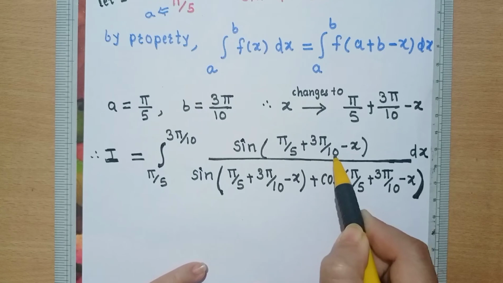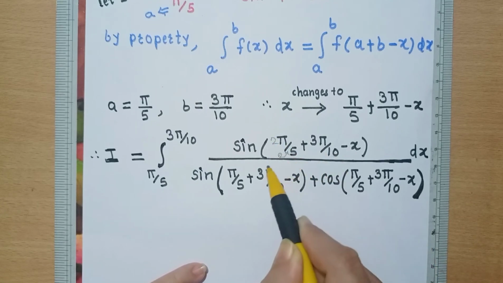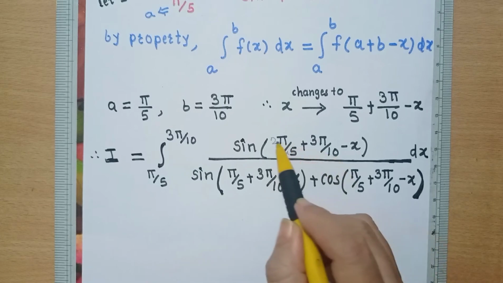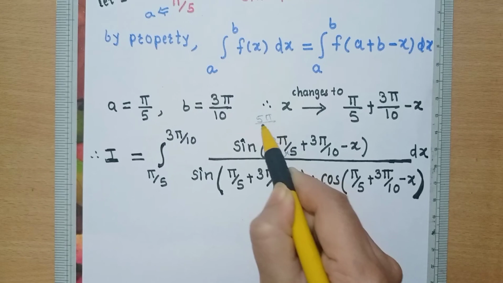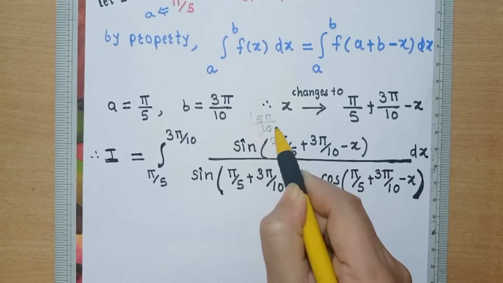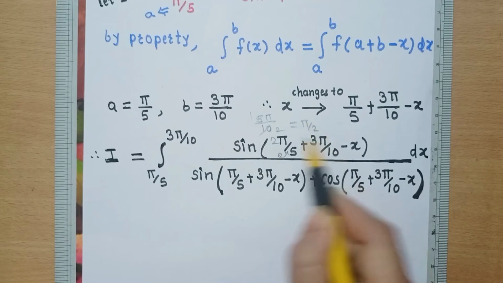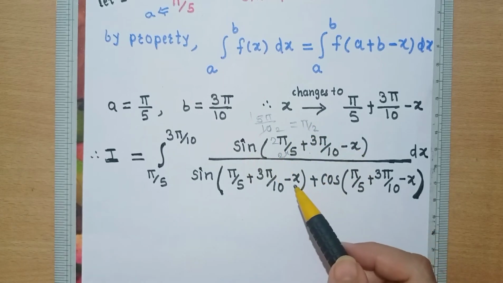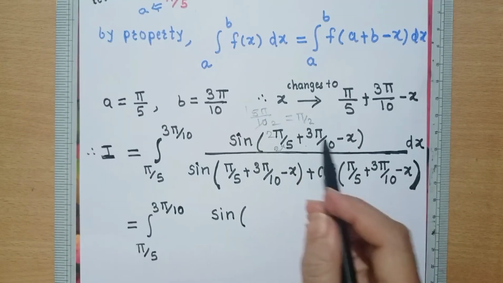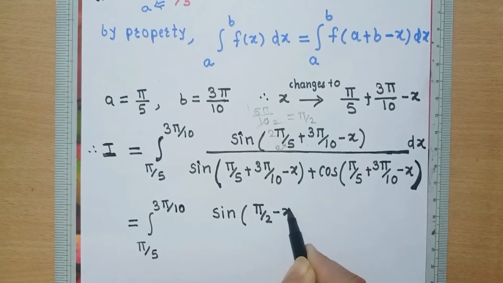Here the denominator is 10, so we will multiply upside and downside by 2. 2 fives are 10, so 2 pi plus 3 pi, 5 pi by 10, and again 5 ones are 5, 2s are, so this is pi by 2, and so this bracket will be pi by 2 minus x. So in the next step, the simplified form of this bracket is pi by 2 minus x.